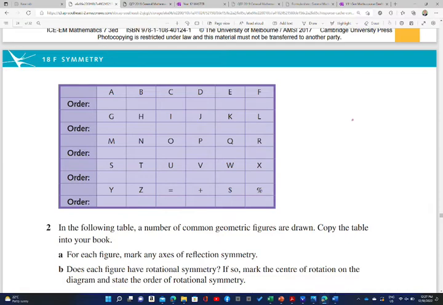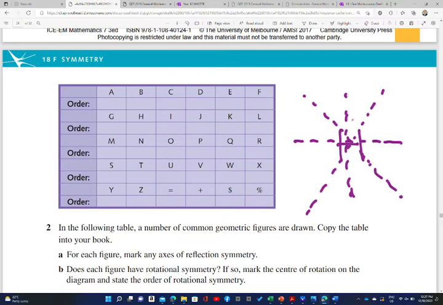How about if I chose the letter H? Does that have any axes of symmetry? Yeah, I can go straight down the middle. Oops, that's not quite straight down the middle, but you get the idea. And I can go straight across as long as I'm going across that bar in the middle of the H. Anything else? Yeah. As long as I'm hitting the top and the bottom, I can go along that way too.